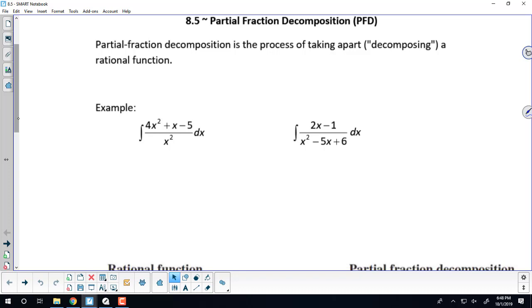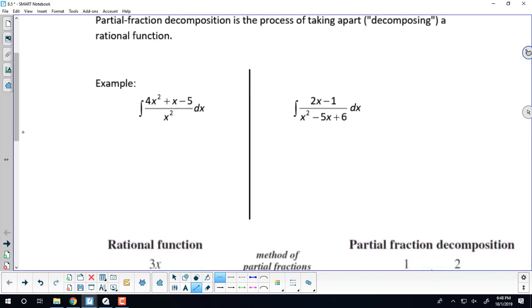So decomposing, taking apart, that's where the name comes from. If you have time in algebra classes, they talk about this. I don't think that we talk about it here in our algebra class, which is not applied to antiderivatives. It's just the process of taking apart a fraction.